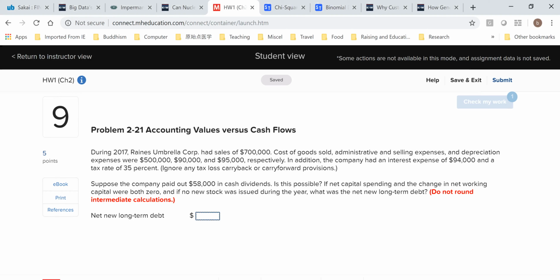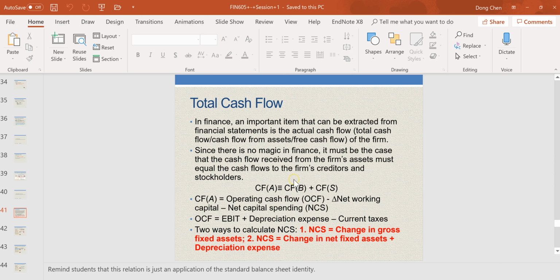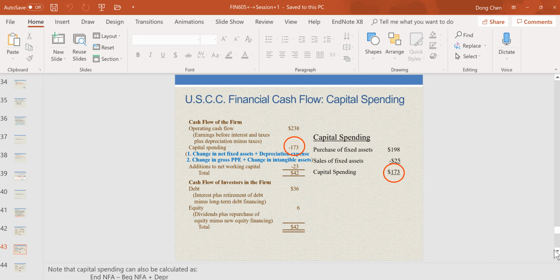And if no new stock was issued during the year, this information can be used immediately if we are familiar with the content of this session, because the cash flow to shareholders depends on two inputs.